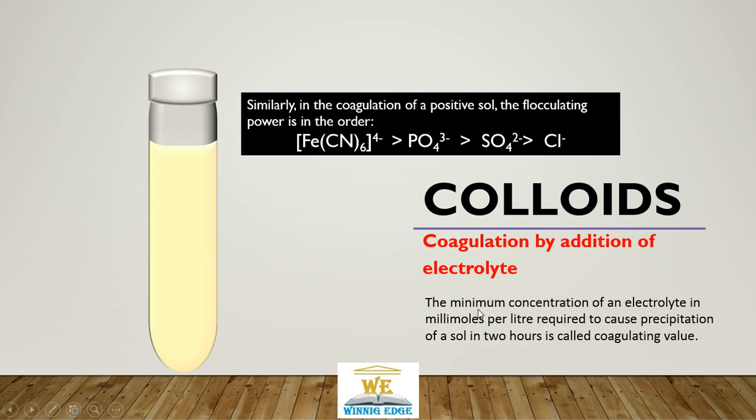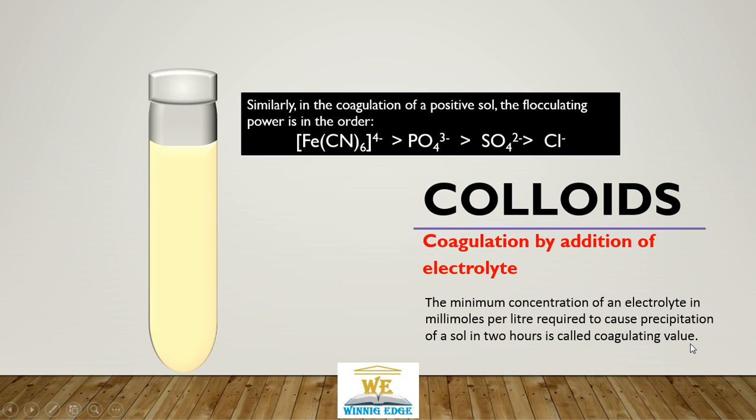For coagulation, the minimum concentration of electrolyte required in millimoles per liter to cause precipitation of a sol in 2 hours is called the coagulating value.